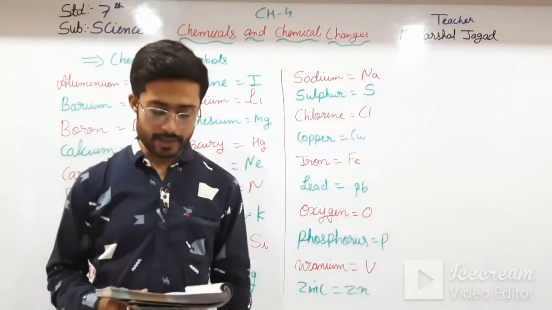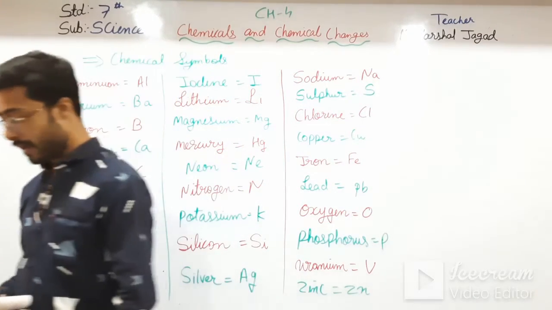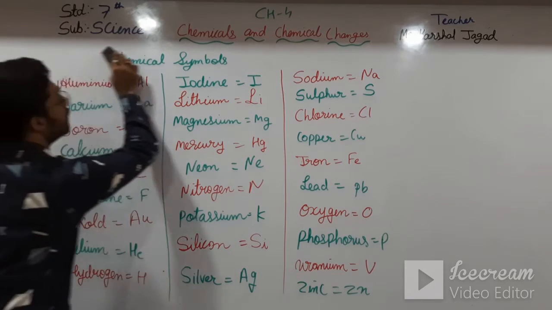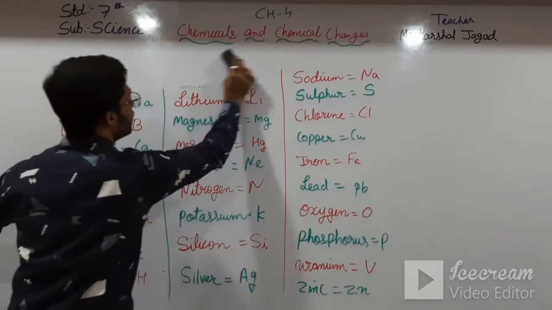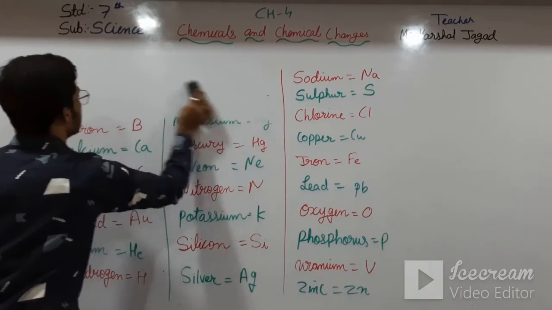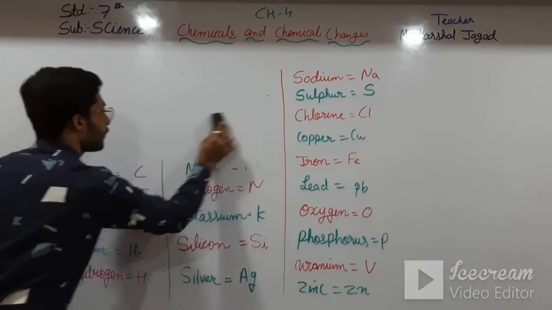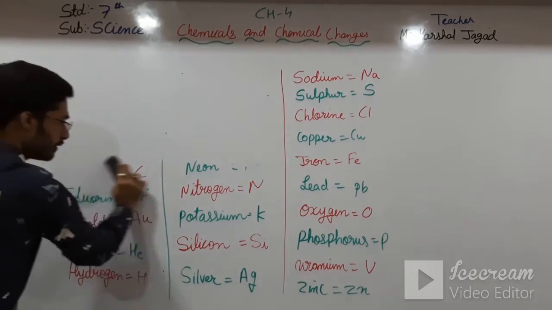And just coming to atomicity. Atomicity. Okay, students. So, first of all, what is atomicity? Just read the definition which is given in your textbook. Then after I am just writing that on the board.